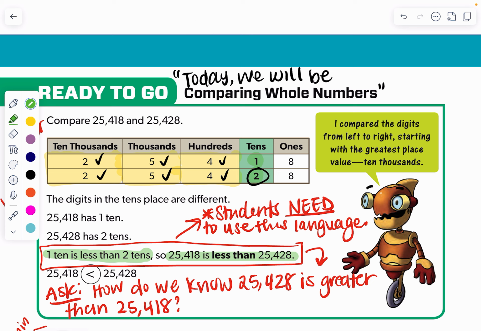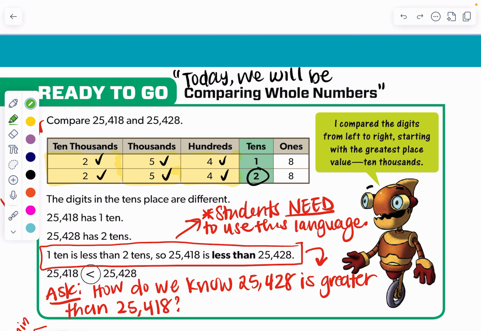What will happen today is that some students might switch the statement in the reverse order. So some students might say, okay, well, I do know that 110 is less than two tens, or they can say, I know that two tens is greater than 110. And because I know that two tens is greater than 110, then 25,428 is greater than 25,418.